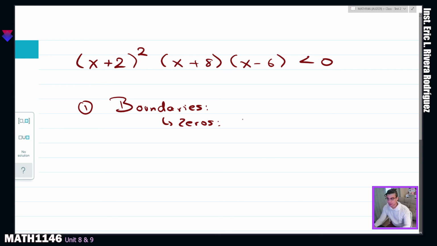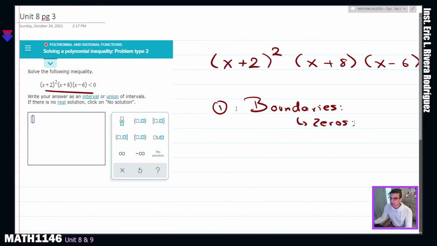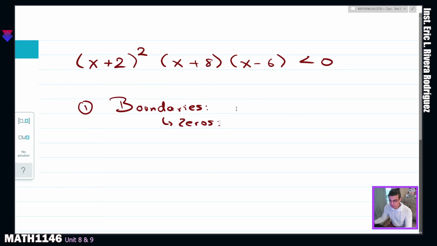That means we are going to have 3 different real zeros, but the degree is 4. Let's see why we have 3 different real zeros and a degree of 4, and what the effect of that would be on our solution. So -2, -8, and +6.